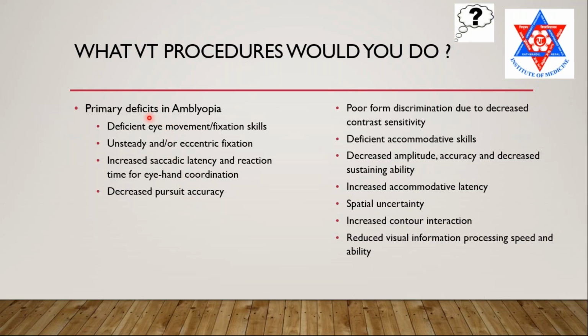Basically, the primary deficits in amblyopia are deficient eye movement and fixation skills, steady or eccentric fixation, increased saccadic latency and reaction time for eye-hand coordination, decreased pursuit accuracy, poor form discrimination due to decreased contrast sensitivity, deficient accommodative skills, decreased amplitude, accuracy, and decreased sustaining ability, increased accommodative latency, spatial uncertainty, increased contour interaction, and reduced visual information processing speed and ability.